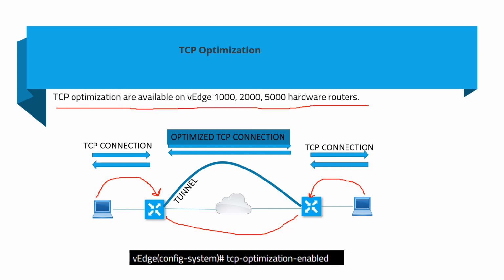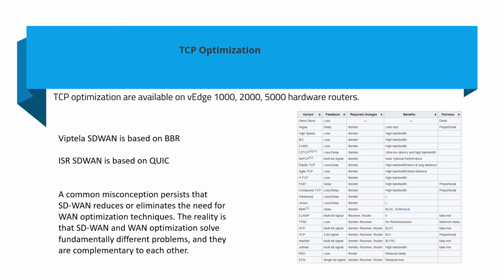How do we enable optimization on the VH? This is the command. You can refer to the configuration guide for more information. As we already discussed, TCP optimization is available on the VH 1K, 2K, and 5K hardware. There are a lot of algorithms which these equipments use in the backend to do congestion control.